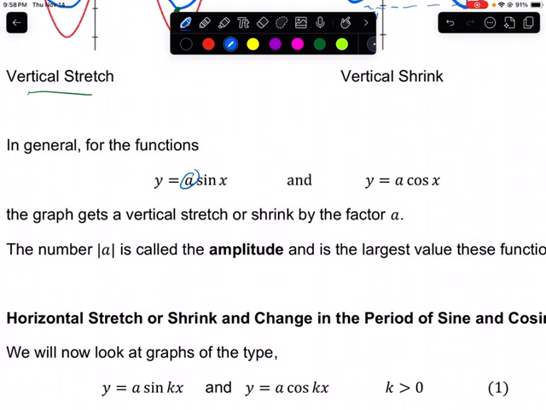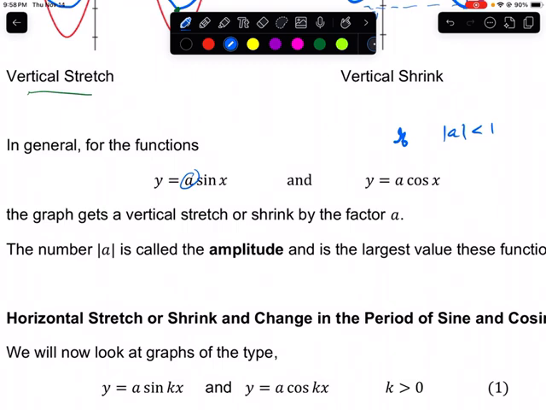So notice that it will shrink if the absolute value of a is less than 1, then we will get a shrink. So the absolute value of a is called the amplitude.